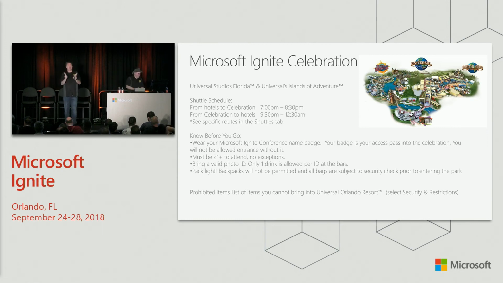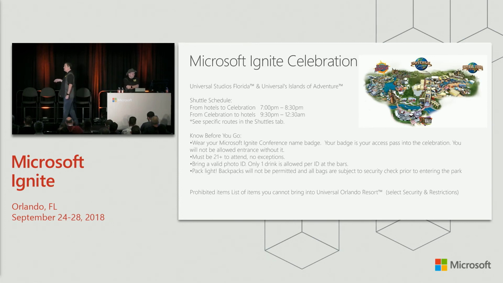Doing the safety briefing. Shuttle schedule, as we noted earlier, you must wear your conference name badge to get in. It is your pass. You will not be allowed in the door without it. So what is the one thing that we should bring to Universal Studios? Your name badge.